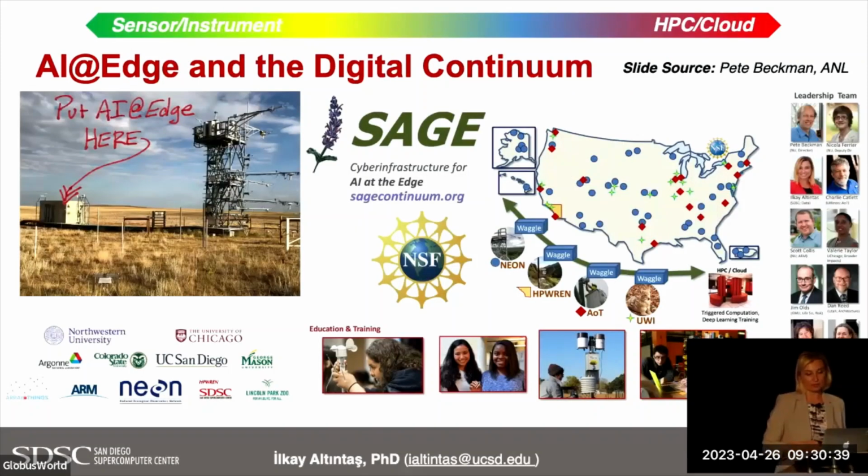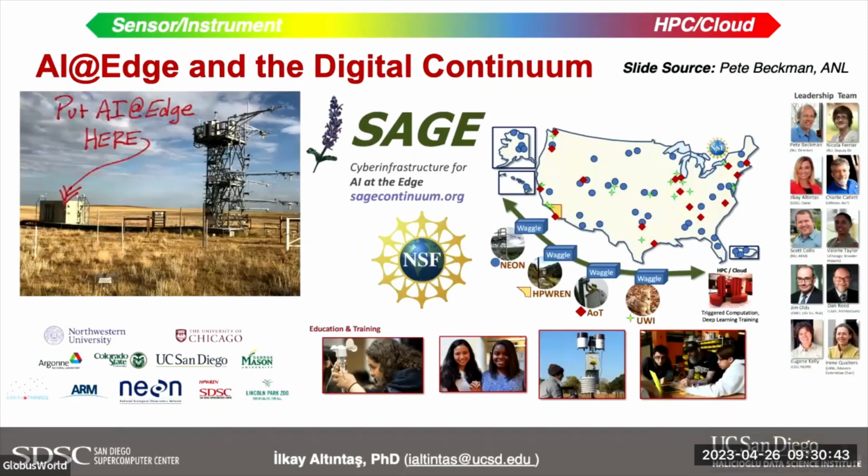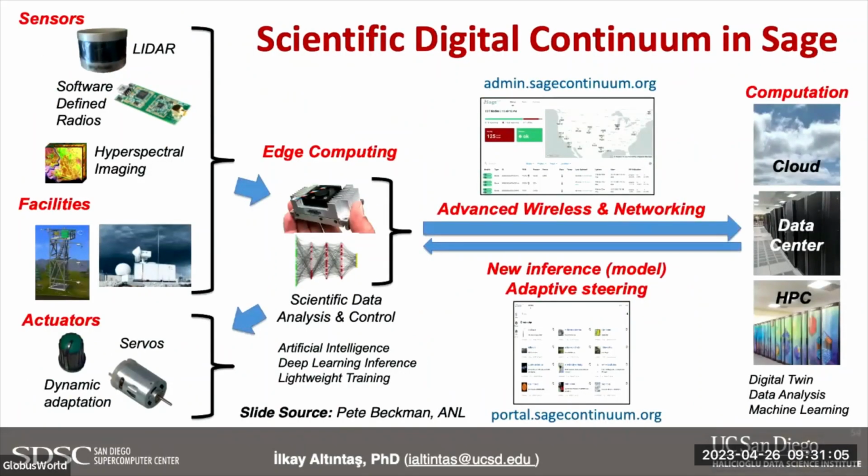And then what we also tried is, can we bring edge into this and compose edge so we can try these closed loop edge to supercomputing, at least Expanse level supercomputing applications. And the Sage AI at the Edge project, led by Pete Beckman from Argonne, is a very interesting one, funded by the National Science Foundation, because it couples sensors and accelerators in these building blocks.